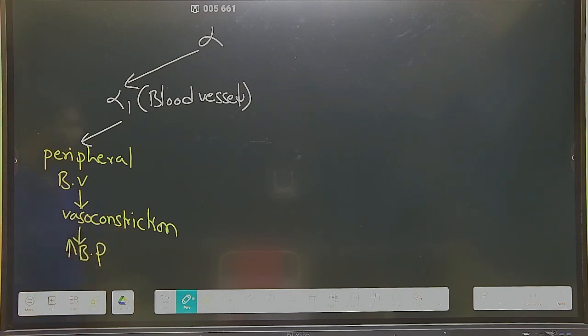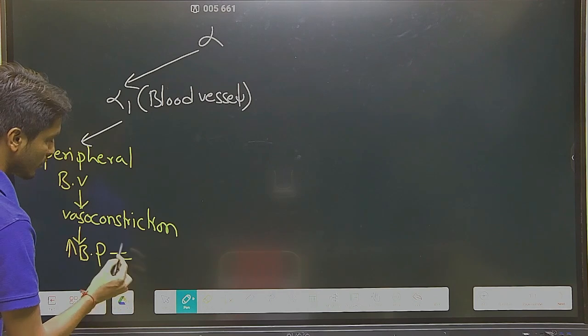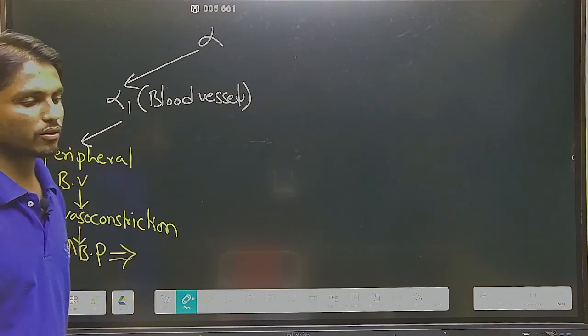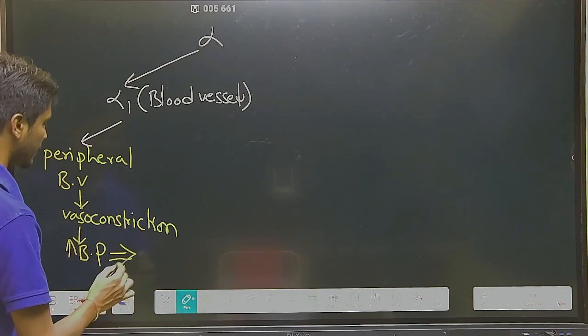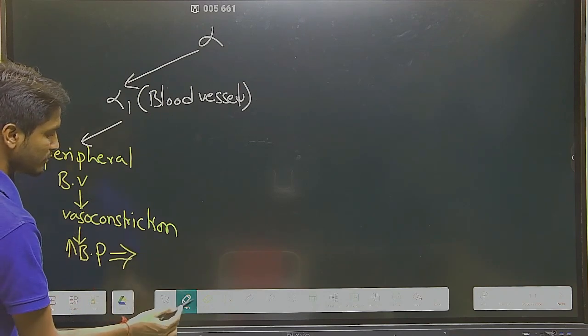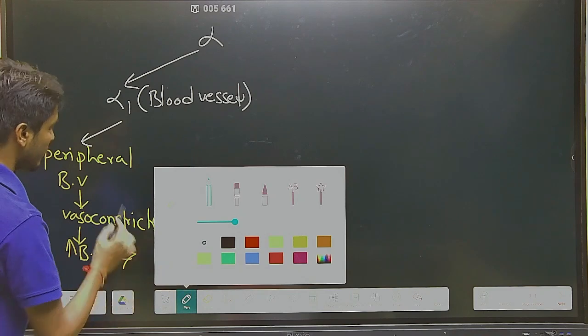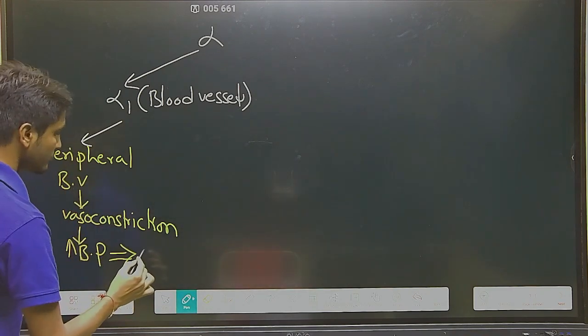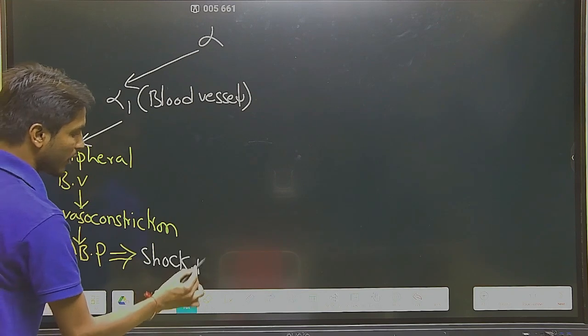So this alpha 1 agonist can be used in the treatment of shock and hypotension.